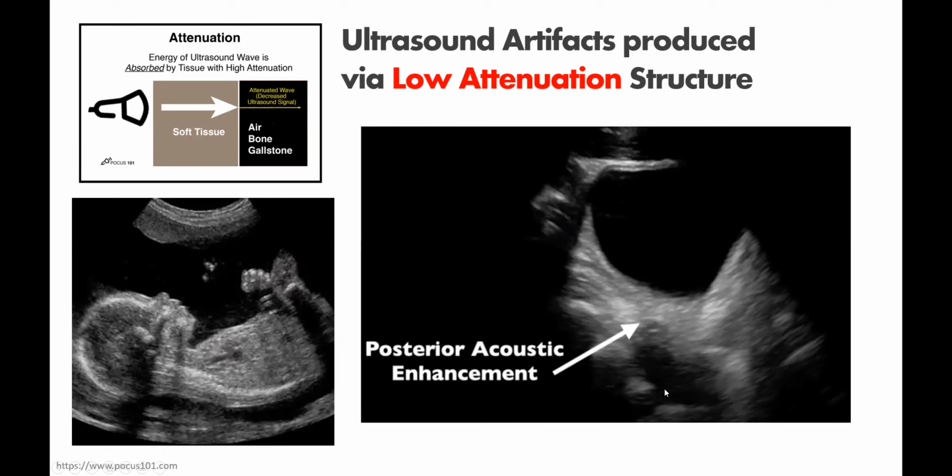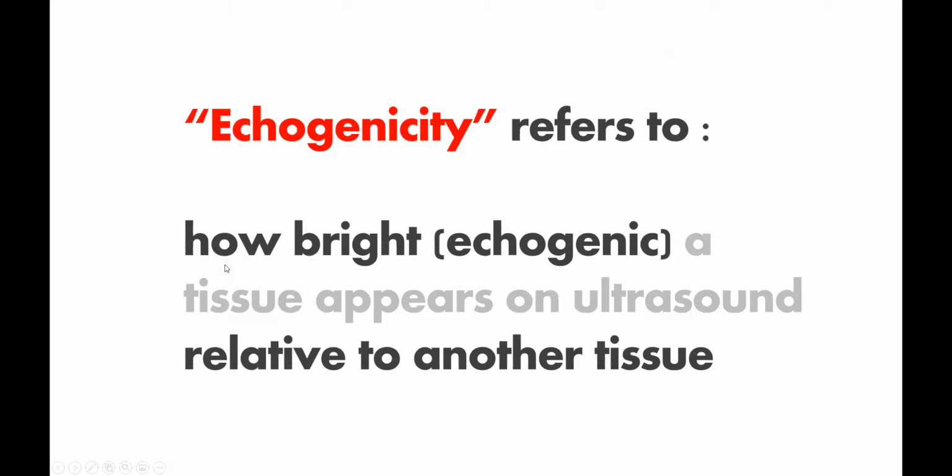Okay, you can see clearly in this picture. So enhancement can cause posterior due to the structure that can conduct the ultrasound wave very well, such as fluid. So when you have a fluid, it can increase the echo window, such as scanning the fetus.